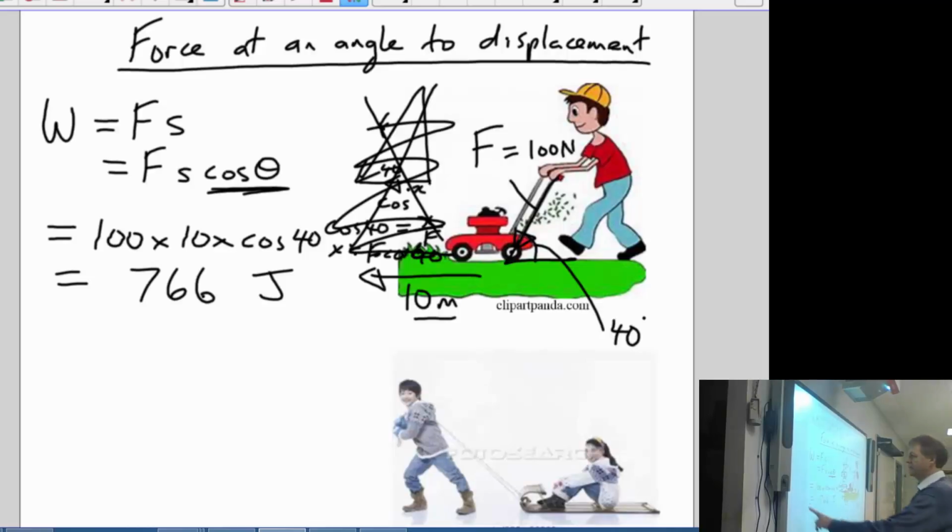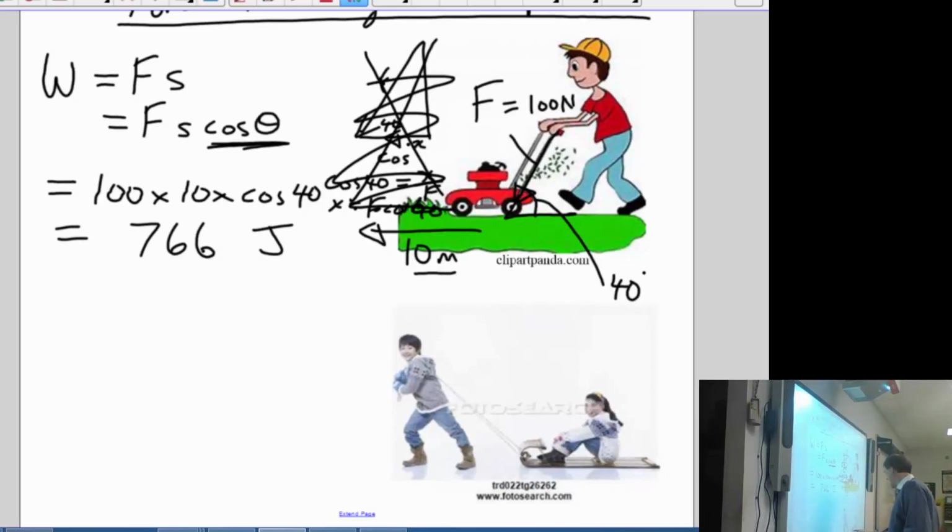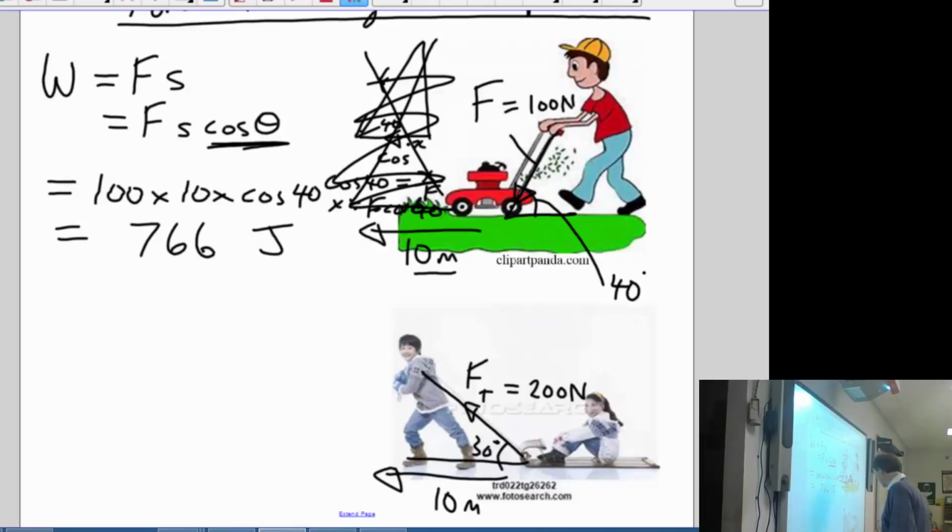Now if you do the same sort of thing with questions like this, it could be a dragging question instead, where they're dragging something, and the tension down that rope, the force of tension, might be 200 newtons. Then they're going to make an angle here, let's say 30 degrees with the ground, and we're going to drag her 10 metres on a flat section, before it goes up the slope. And again, you quickly go work equals Fs cos theta. So this is F times s times the cosine of theta.